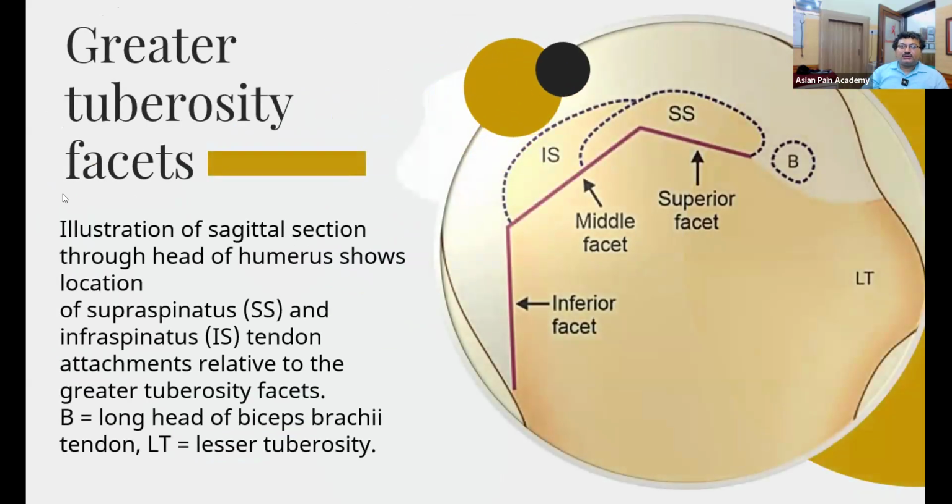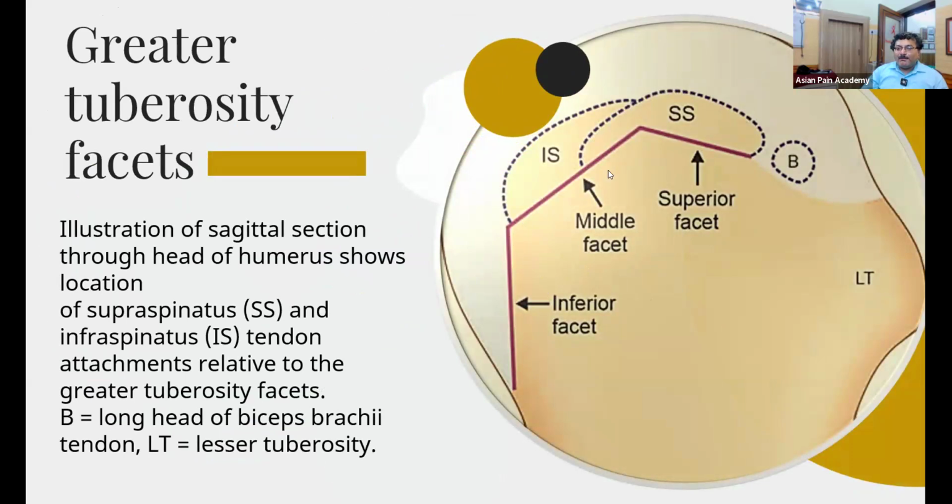Now coming to the tuberosities. So when we look at the lateral side, there are facets over the greater tuberosity. So usually there are three facets. First is the superior facet. As I already told, the muscle that attaches here is the supraspinatus muscle.